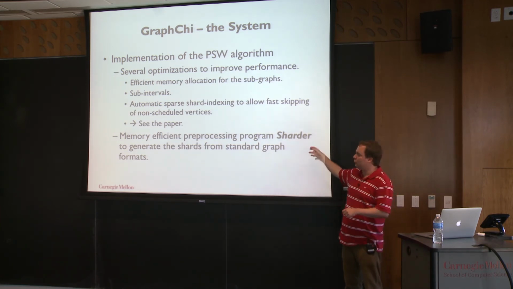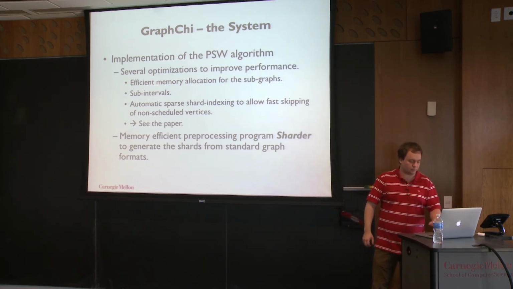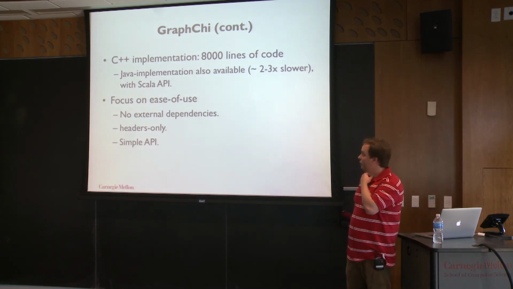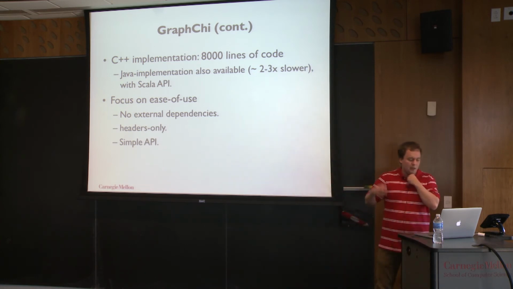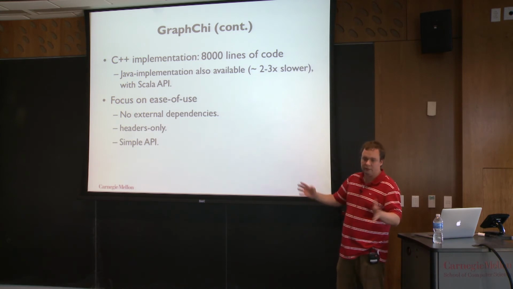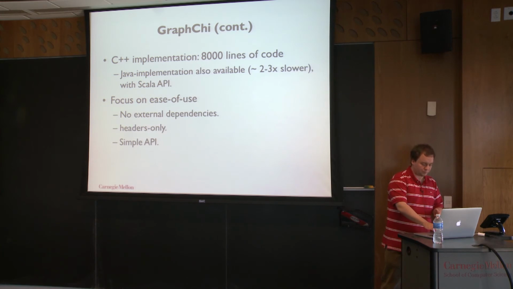In addition, it includes a program which can create these shards, and it doesn't require much memory either. It's done in C++, but there is also a Java implementation available, and it's open source, of course. And I have really tried to focus on ease of use, so there are not many dependencies, it's headers only, so it's really easy to use.